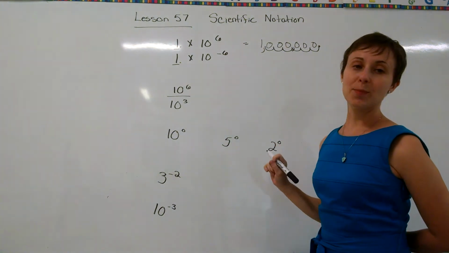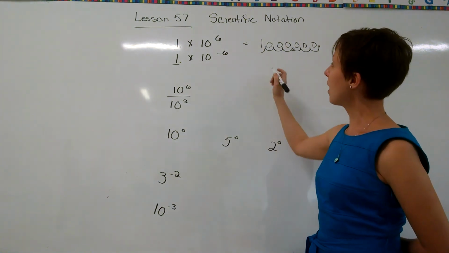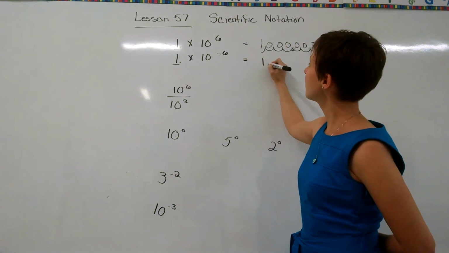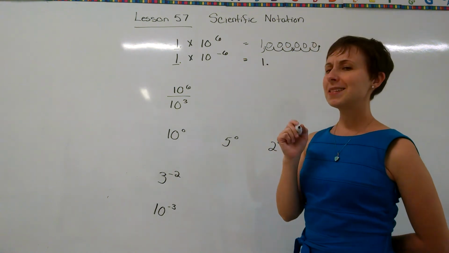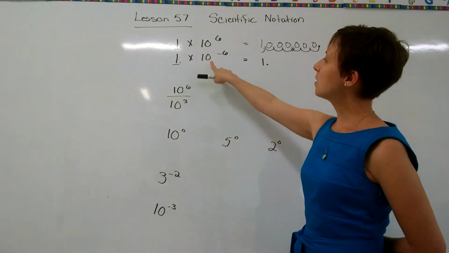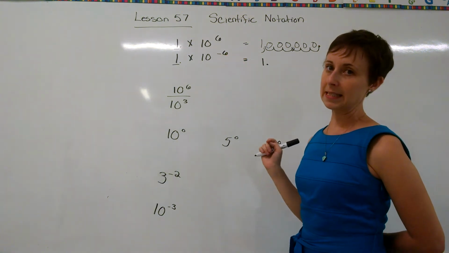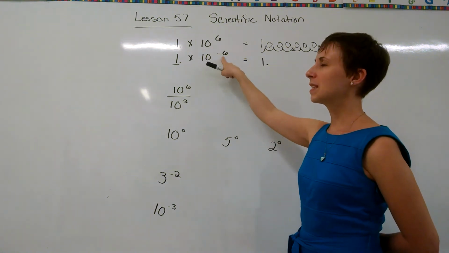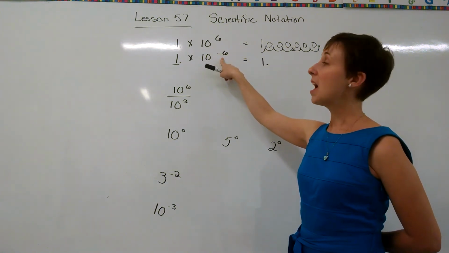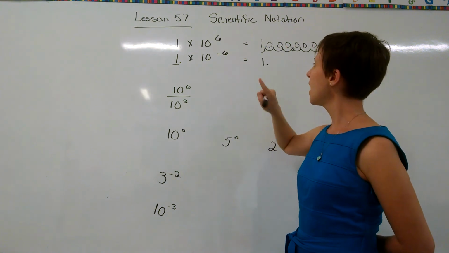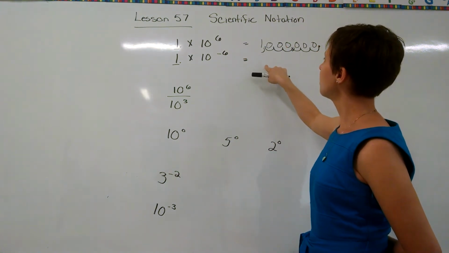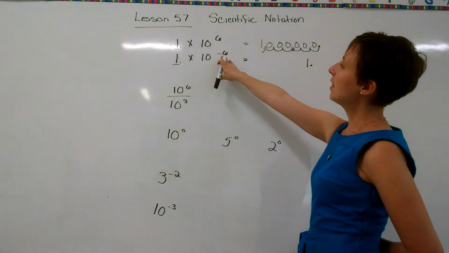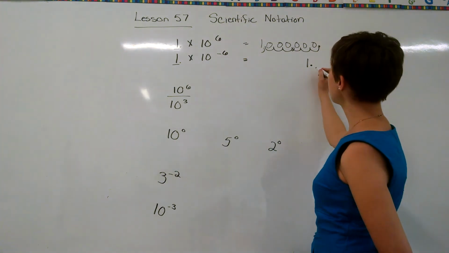Here, I have a negative exponent. It works much the same way. I'm going to start with my number. In this case, it's 1. Here's my decimal point. But this time it changes. I want to move it negative 6 places. Negative 6 means I'm going to end up with a decimal. Negative exponents are decimals. So instead of writing it here, let me move this over and write it over here. Now, let's move my decimal negative 6 places.